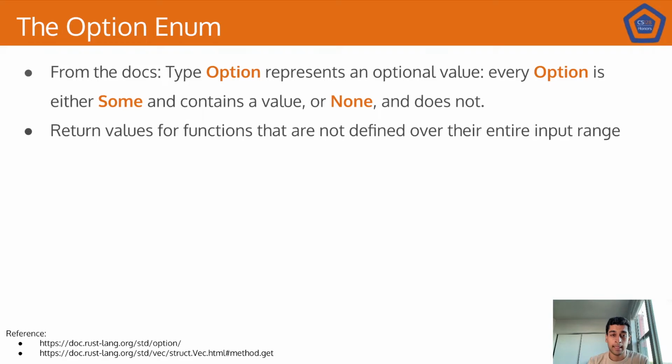So when you try to get index 20 from a vector of length 10, your get function is going to return None. If you try to get, say, index 1 or index 0, the vector function will return Some, and inside that Some is the value that is located at the index.